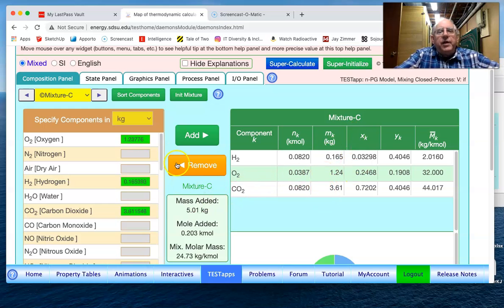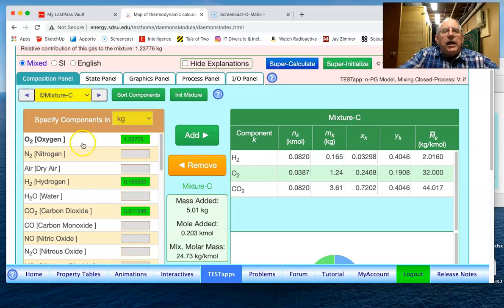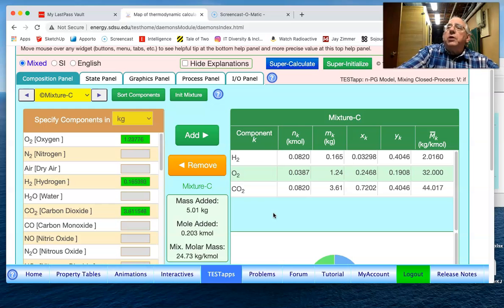I wrote down some things. You could actually, because each of these components have symbols associated with them, you could have written it that way also.